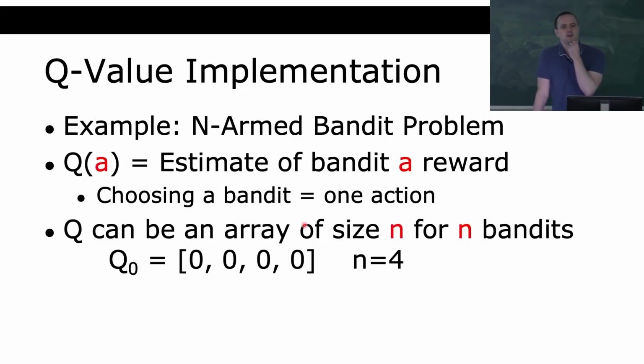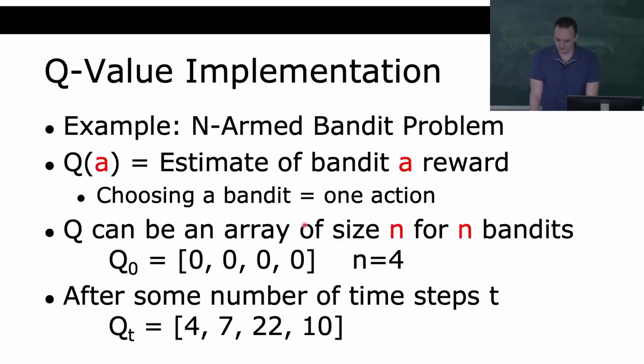Some of them will say, well, don't put in zeros, actually just try each action once, and then we'll start the algorithm, okay? But for here, we're just saying, all right, let's just say that all of our values are going to be zeros. And if we end up doing something like computing the average, then starting with zeros is going to be a good thing. However, as we'll see a little bit later, starting with zeros could also be a really bad thing. And we'll see what that does.